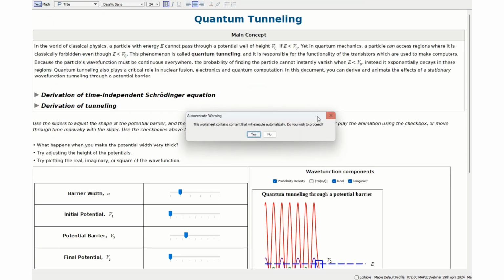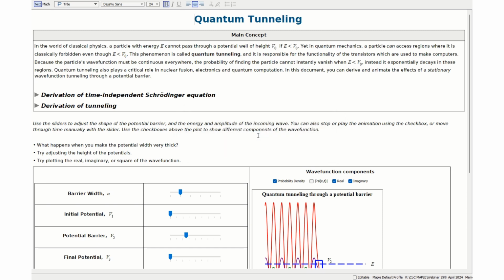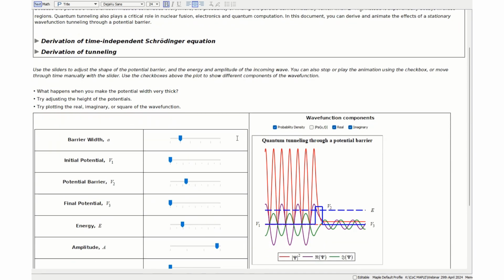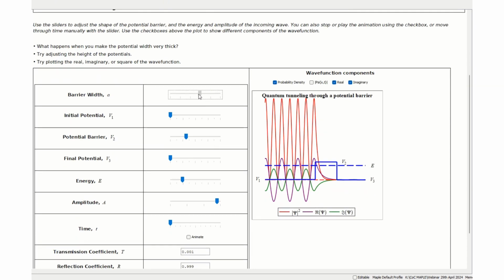So this is picked from the support website of MapleSoft. So here you can control the barrier width. In the diagram you can very well see that you can change the barrier width.